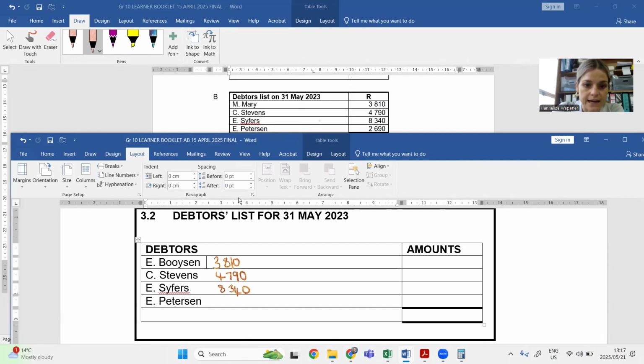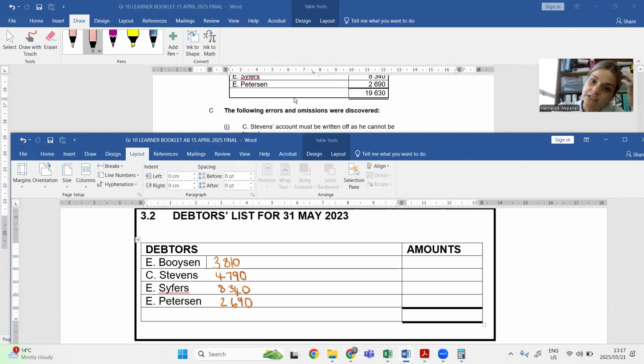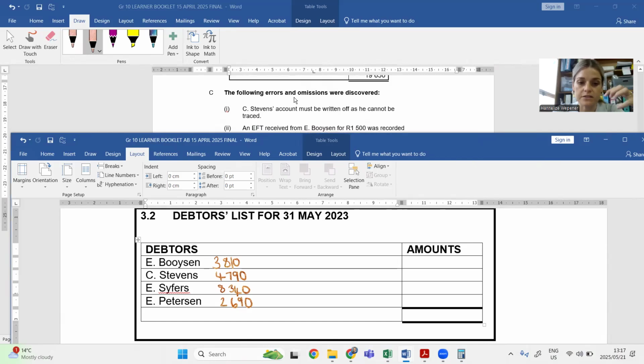And the last one had an incorrect balance of 2,690. And we now need to go to the additional information. My apologies. We need to go to the information to see where things went wrong so we can now fix whatever went wrong for the two balances to agree.